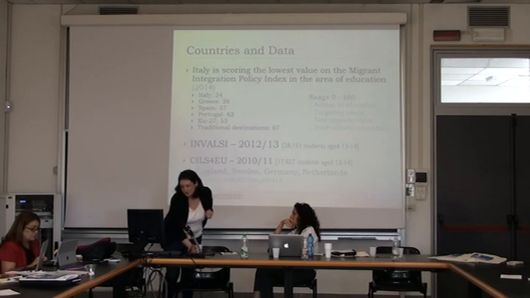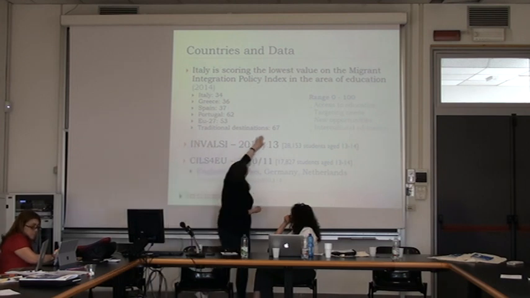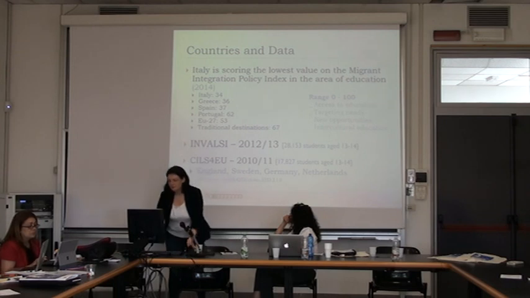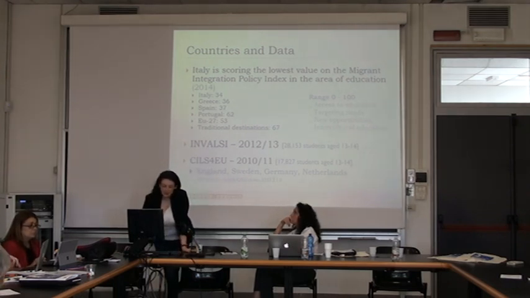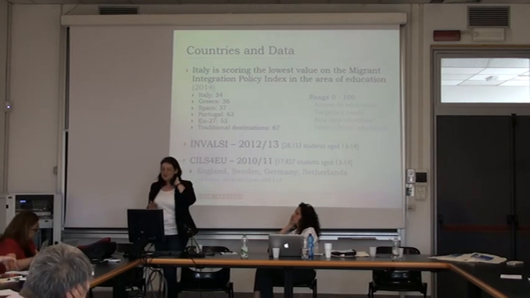So when we take into consideration traditional destination countries, they have almost 70. When we take Italy, it is basically half. I have two data sets that I try to consider together, so I try to make them as similar as possible.